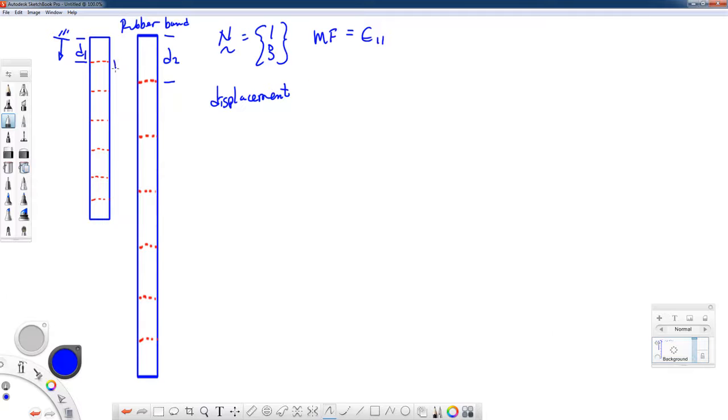If this is point A and this is point script A over here, then the displacement of A will be equal to a constant times the x distance. The x, or you can call it x1 if you'd like. Okay, so it has a linear displacement field.